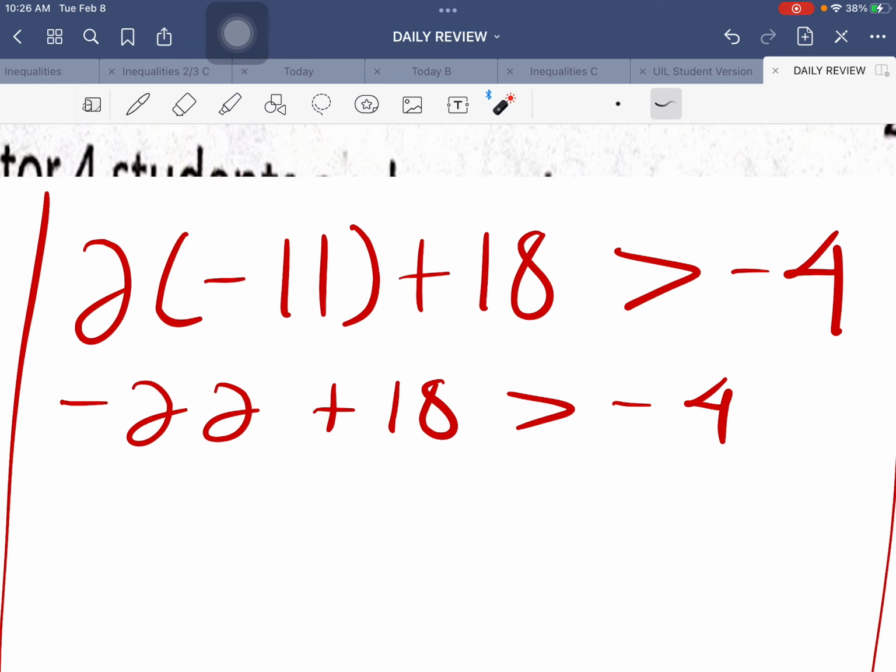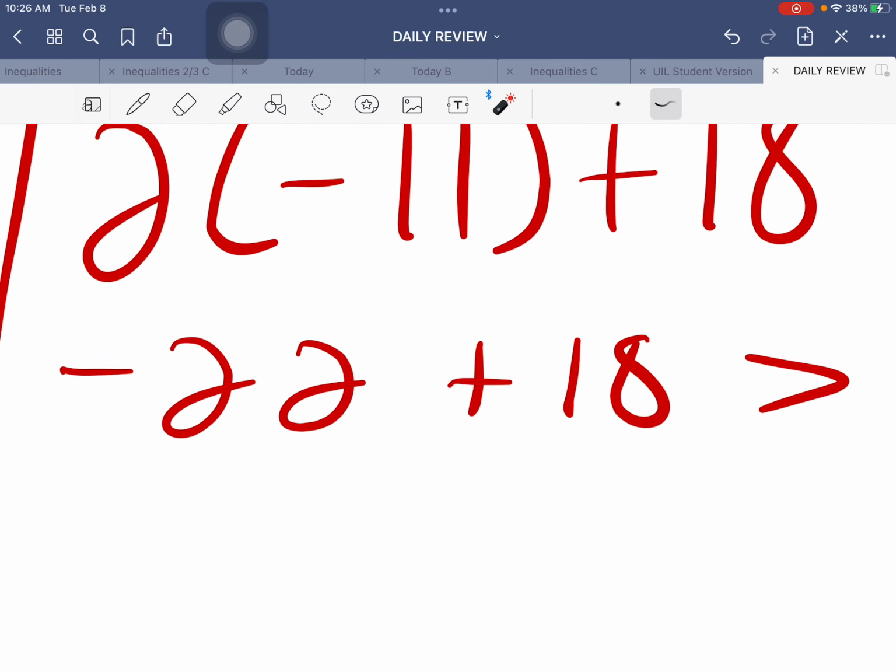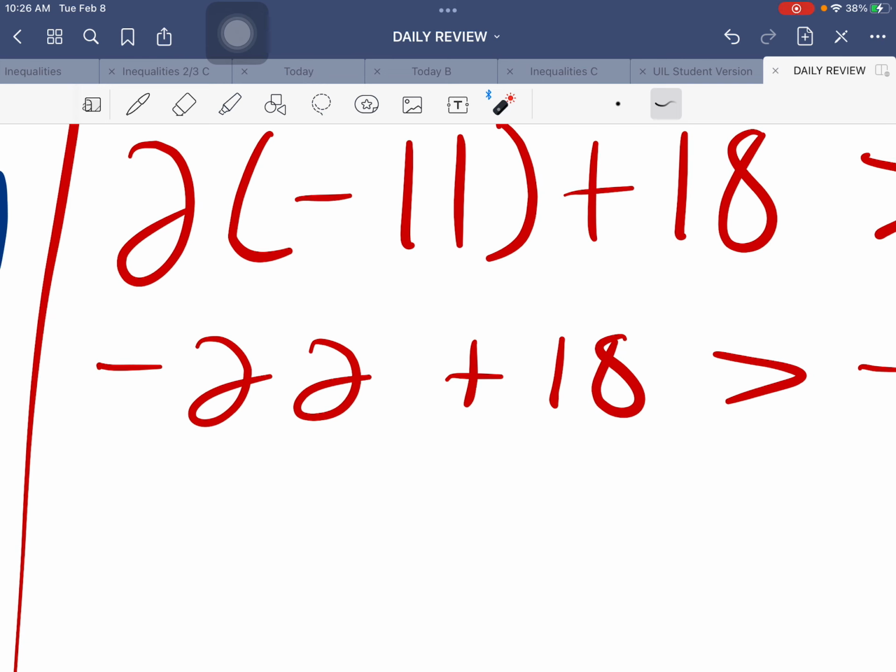Okay. Same sign or different sign? Different signs, what do you do? What is 22 minus 18? 4. And which one is bigger? So it's negative 4. Can someone read it, please?